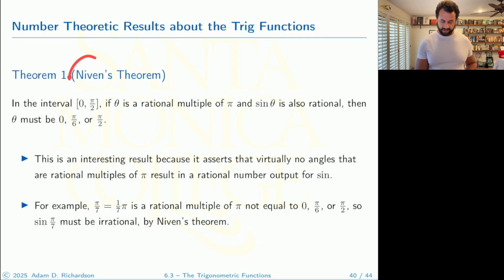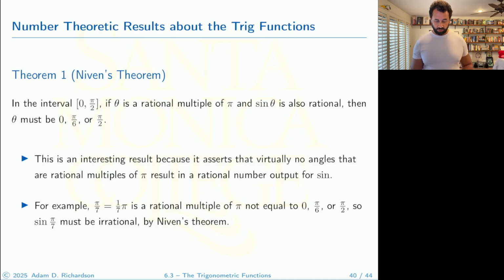One of them is called Niven's theorem. And check this out. In the interval 0 to pi over 2, so in the first quadrant, if theta is a rational multiple of pi, and sine of theta is also rational, then theta must be one of those three numbers: 0, pi over 6, or pi over 2.